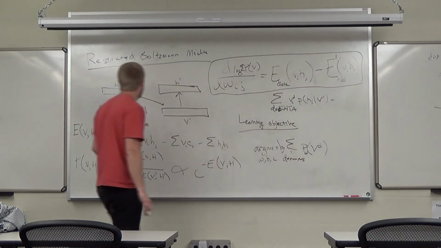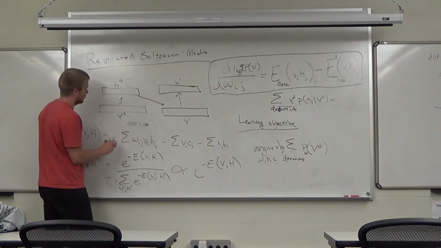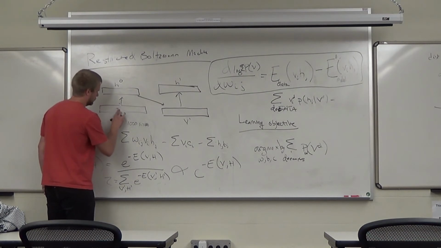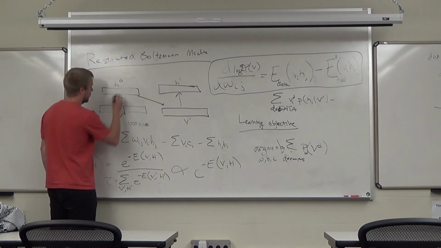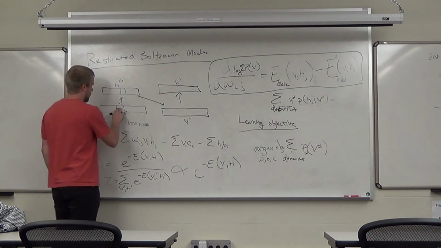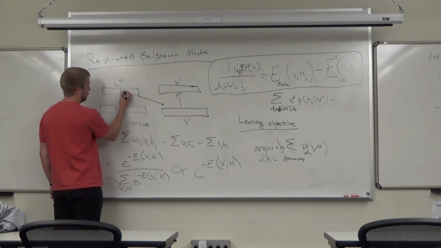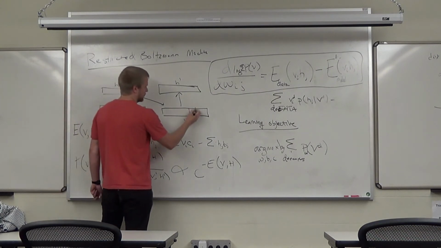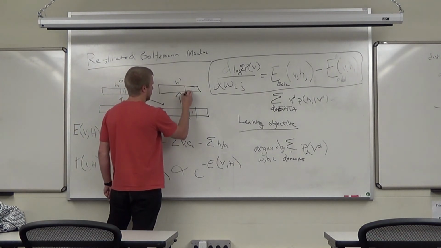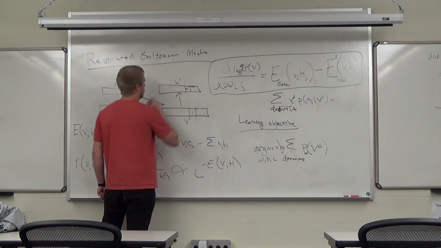Okay, and so what we do is, let's say this is unit I, this is unit J, and initially this is a 0. And then this is a 1, and then this comes down here, and this is a 1, and this is, let's say, a 0.